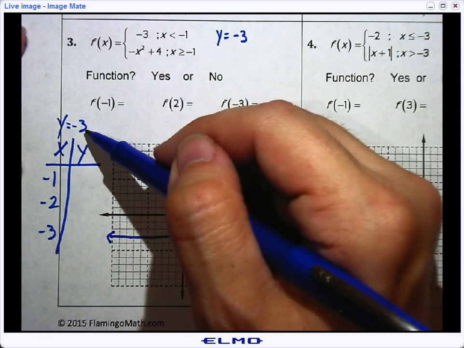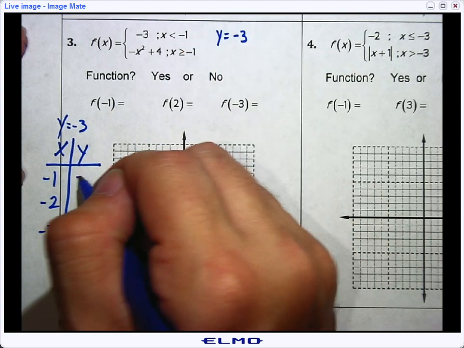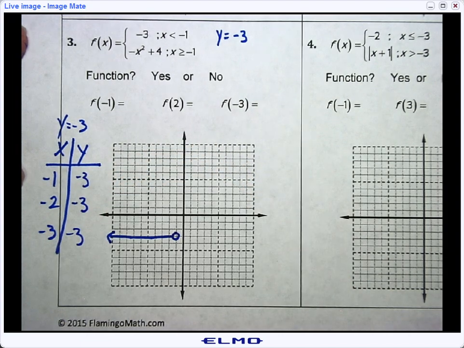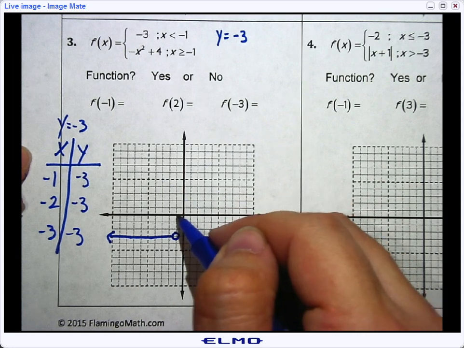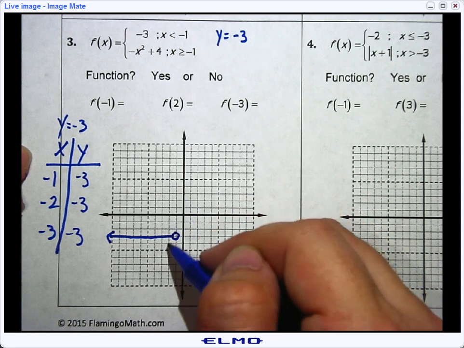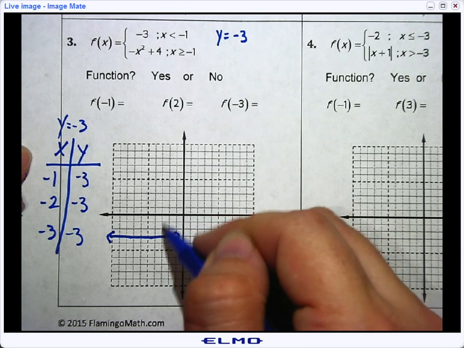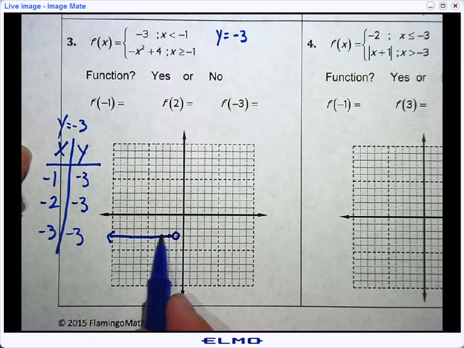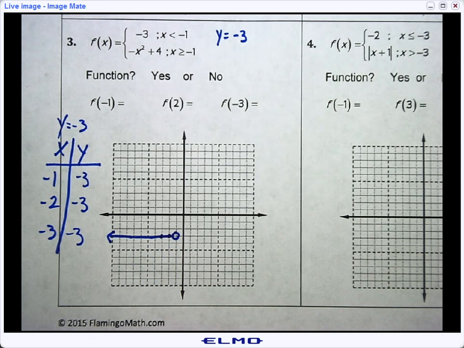Your y is always going to be -3. So for each of these x's, the y is always going to be -3. So if you plot -1, -3, that's where my open circle is. If I was to do -2, -3, I'd have a point there. -3, -3, I'd have a point there, so on and so forth. So even if you connect those dots, you still get the horizontal line.